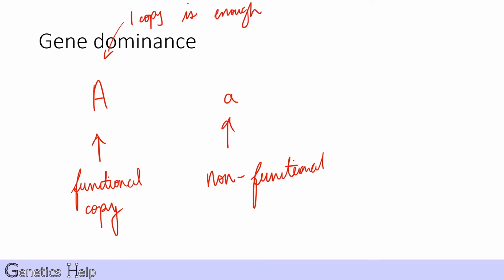We might say that big A is dominant over little a. That's how we'd write it, with a greater than or equal sign: big A is dominant over little a, and that would be a dominant allele to the little a, which would be recessive. So dominance is a relationship between two genes.